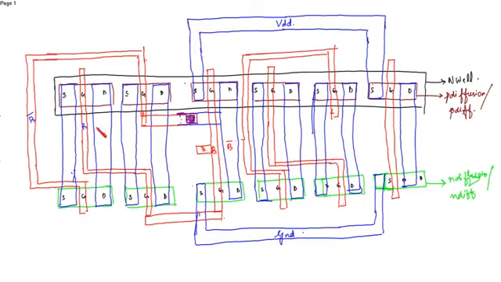Now these gates should be also connected. B is connected to this. Okay, so this is connected to this and these two are connected. So connect from here.